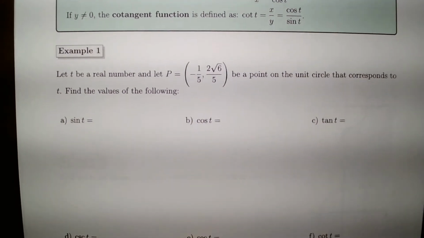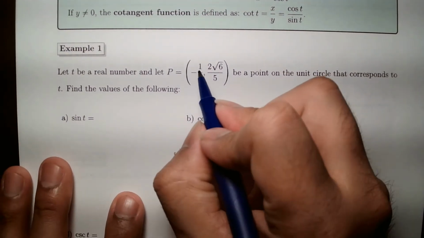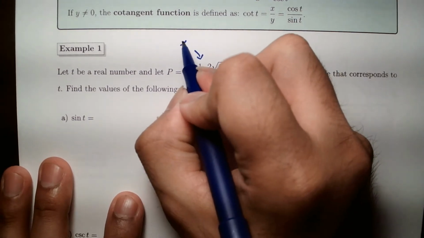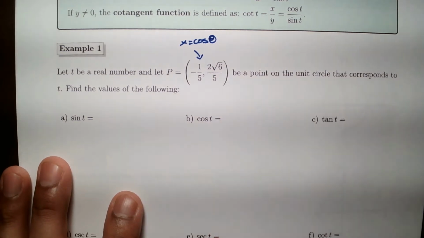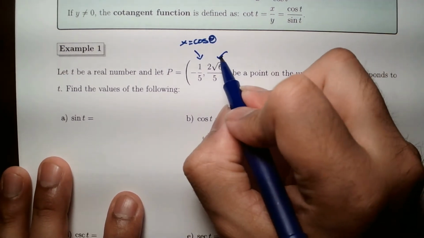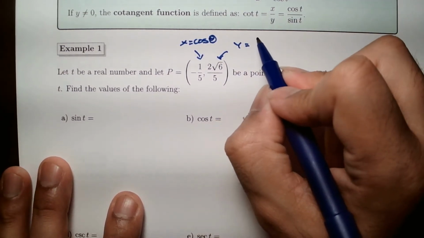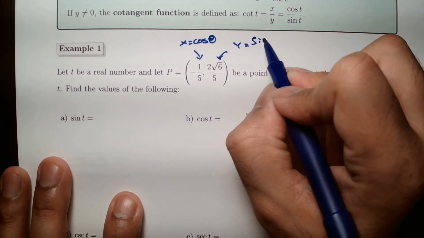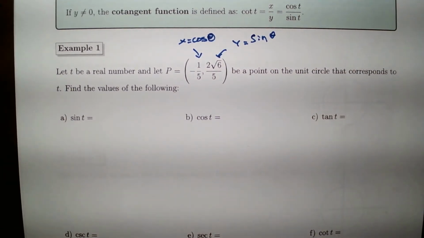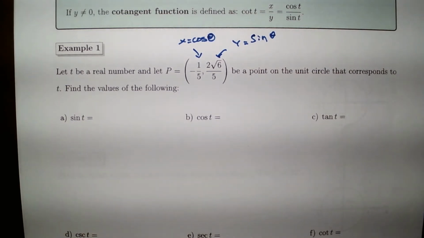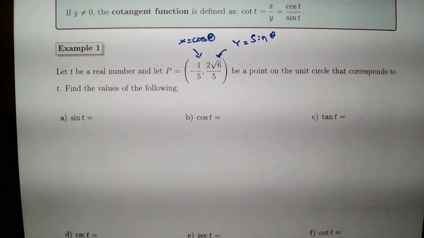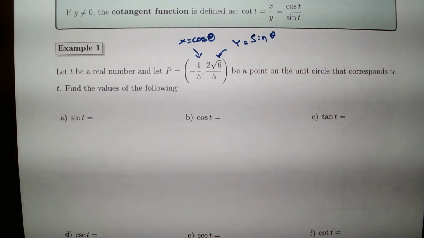So suppose we have a point on a unit circle whose x value, the cosine, is negative 1/5, and whose y value, the sine, is 2 root 6 over 5. It is a point on the circle that has angle t. We're not really interested in the angle itself. We're looking only for the values of the trigonometric functions of the angle.